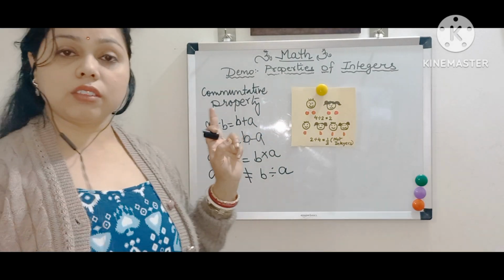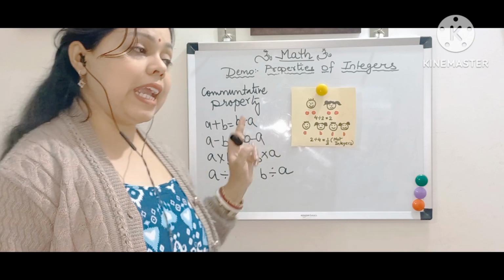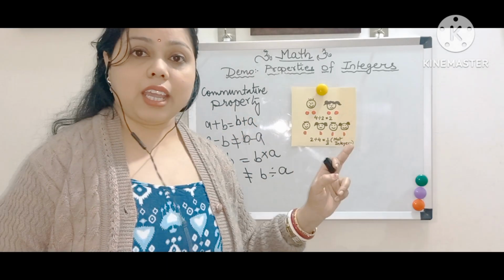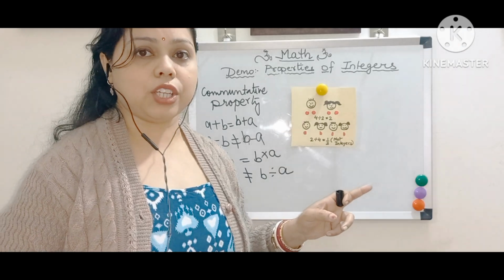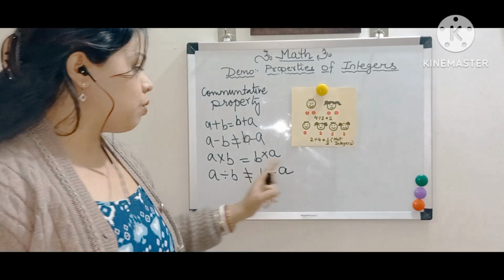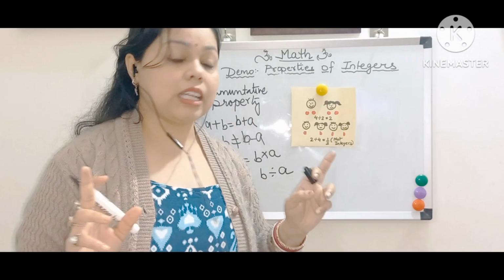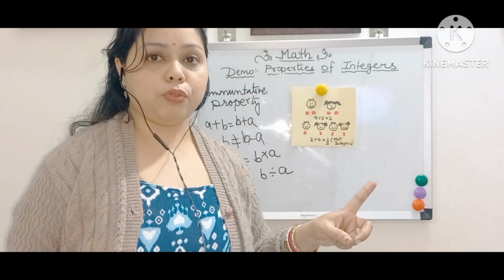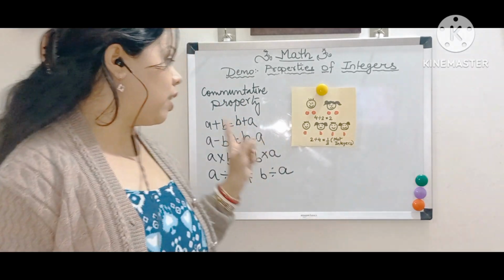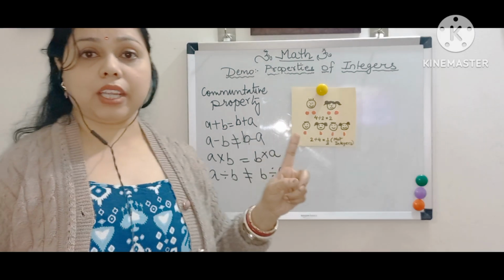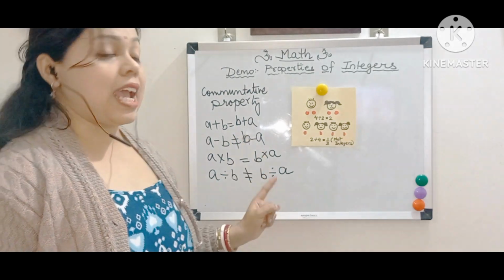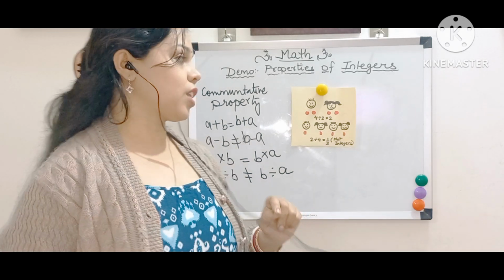If I do the operation A divided by B and B divided by A, we should get the same integer, but for division we will not get that. That means the commutative property is satisfied only for addition and multiplication, but not for subtraction and division.